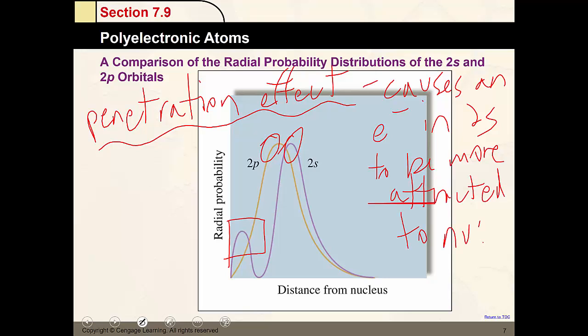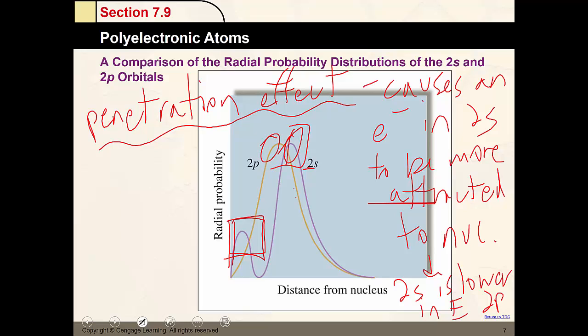So 2s is lower in energy than the 2p sublevel because of this little hump. And for s orbitals, the number of humps indicates what energy level you're in. Since it's 2s, we have two humps in this graph of radial probability.